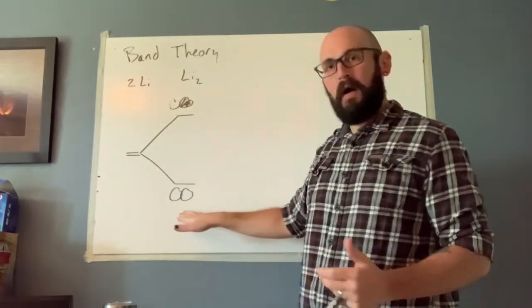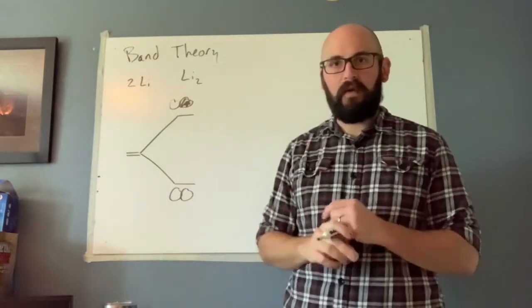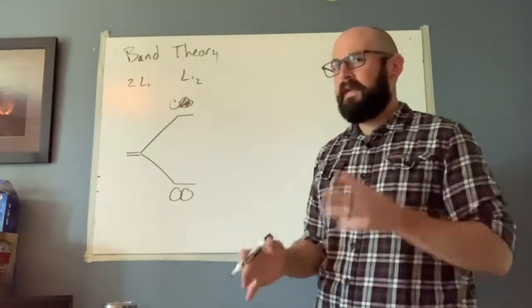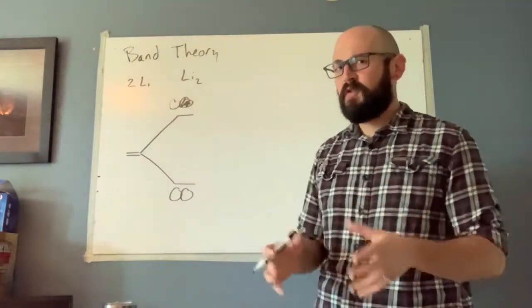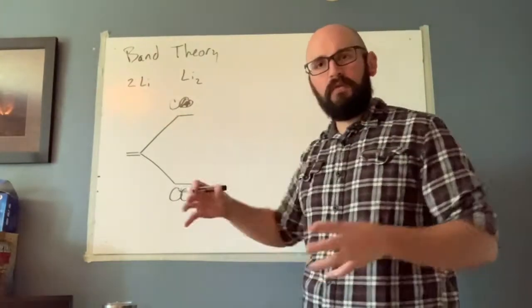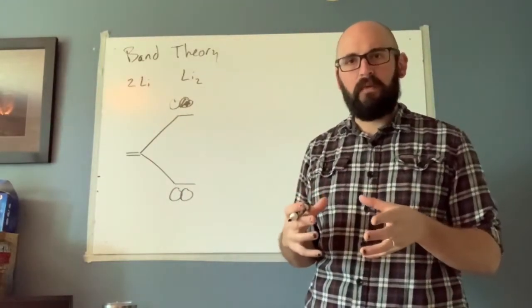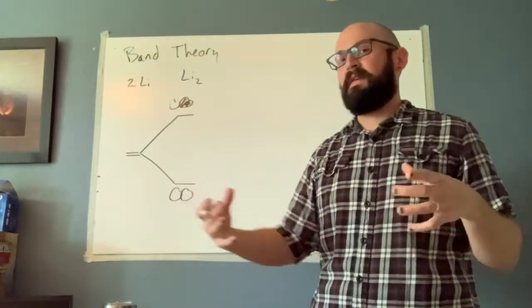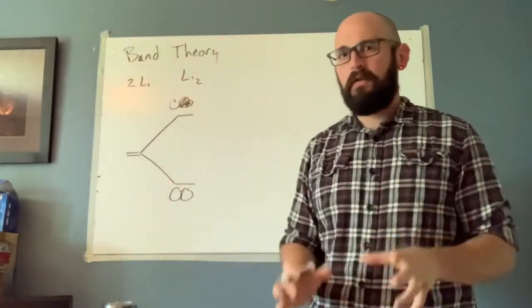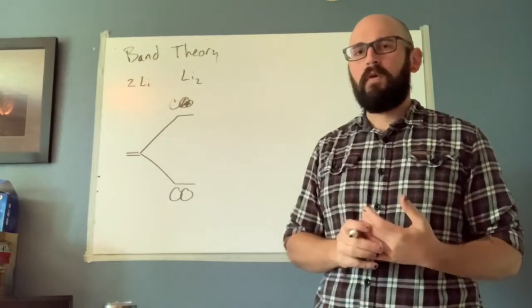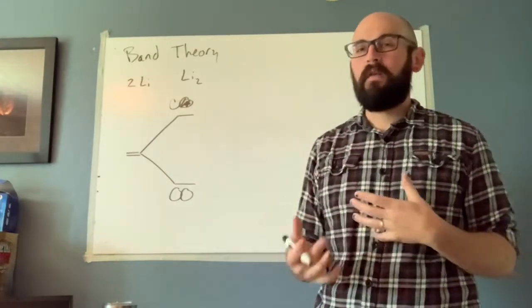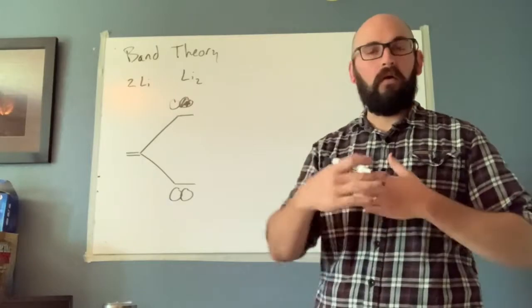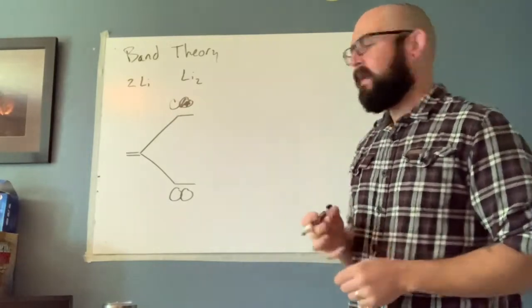So we have a bonding orbital or an anti-bonding orbital. From here, what if there are two Li2 that come into close contact with one another? So what if we have the bonding in order to start forming a linear system? And we're just going to stick with linear for right now. Of course, in an extended solid, we're going to talk about infinite dimensions in all three dimensions.